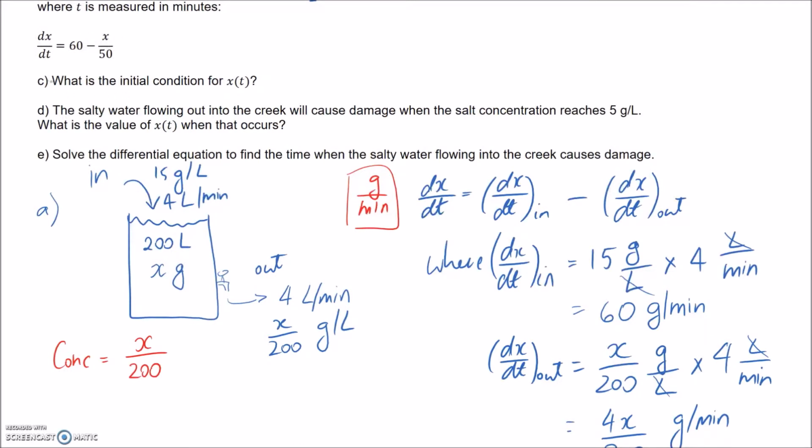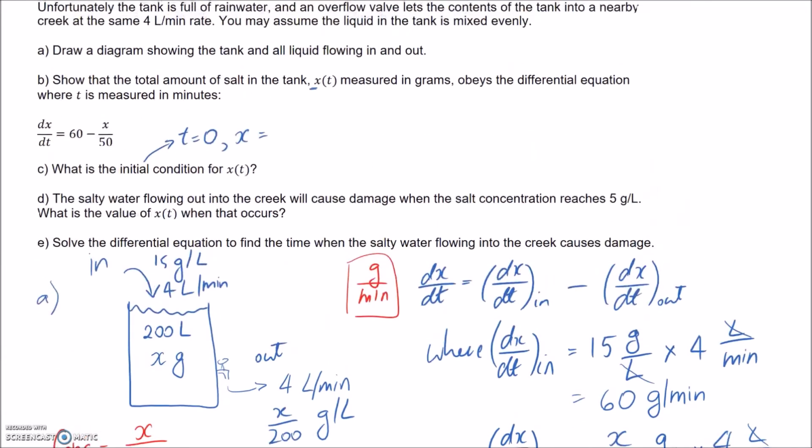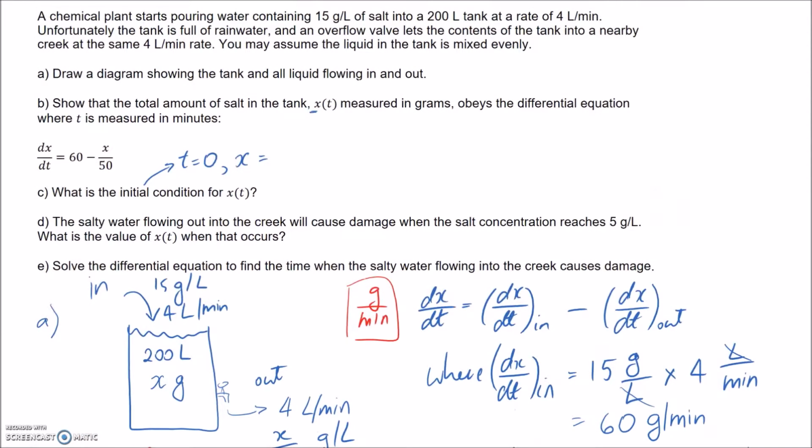So we'll move on to part C here, which is asking us for the initial condition of x of t. When we talk about initial condition, what we want to know is what's happening at time equal to 0. So that means we need x, the amount of salt in our tank at this particular time, and we should be able to get that by going back and rereading the question.